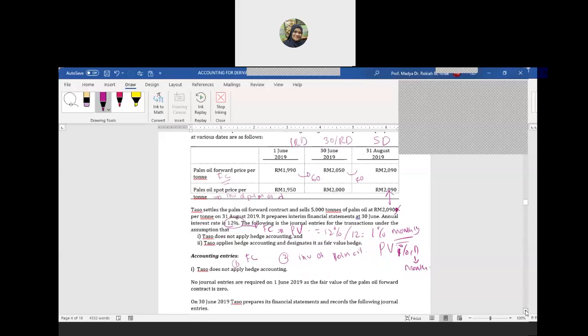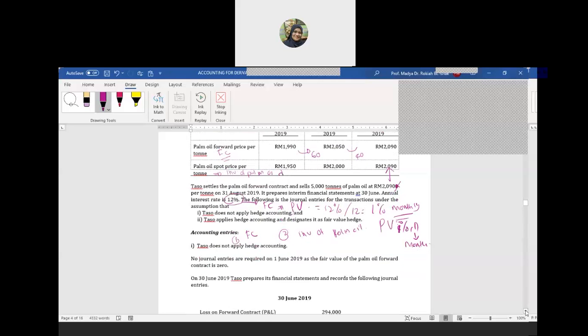At the date when you sign, or enter, the forward contract, there is no journal entry on 1st of June 2019 as the fair value of the palm oil forward contract is 0. When you sign the contract, you want to sell at 1990.